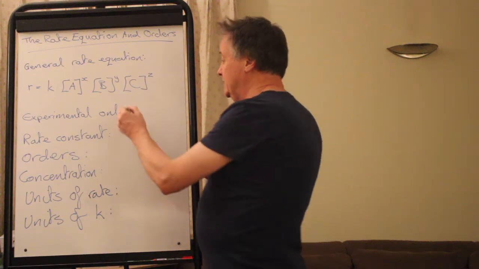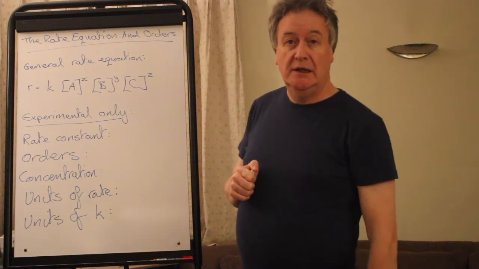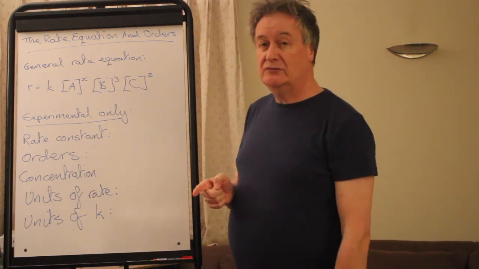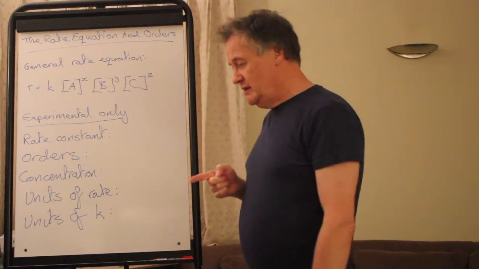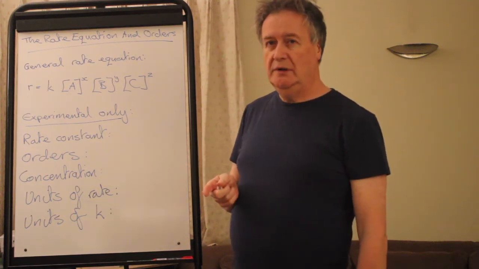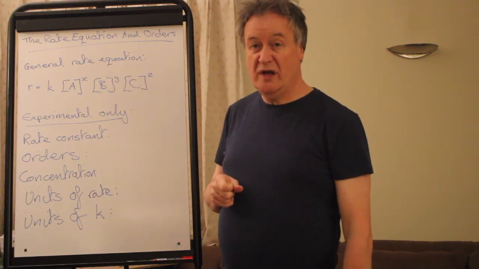So, first thing, you cannot get a rate equation unless you do an experiment. Rate equations do not come from looking at the equation and going, oh, I think it'll be that.